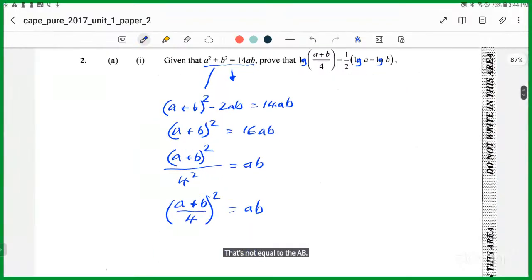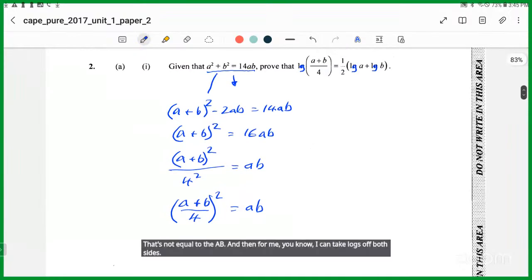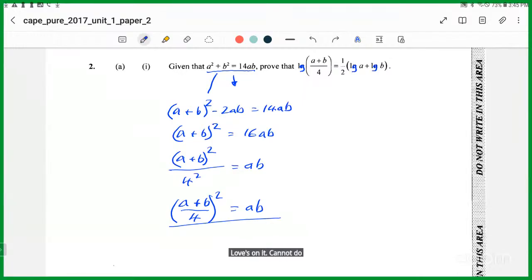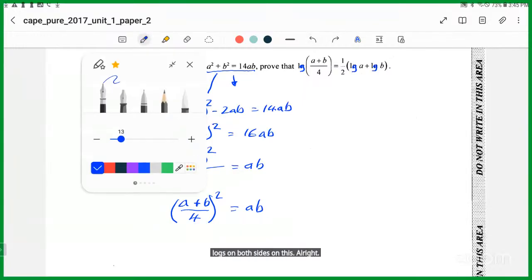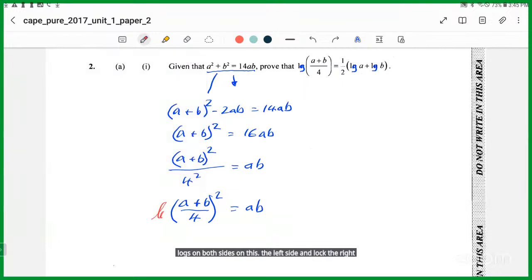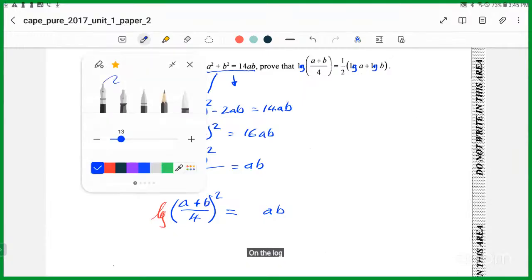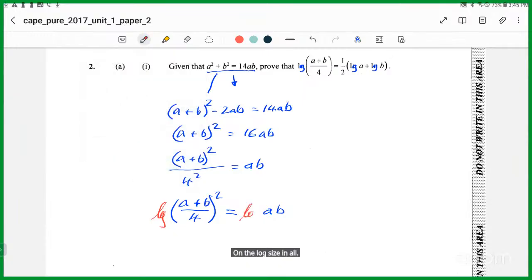And then from here I can take logs of both sides. So I'm going to log the left side and log the right side. Equals ab. I log both sides.